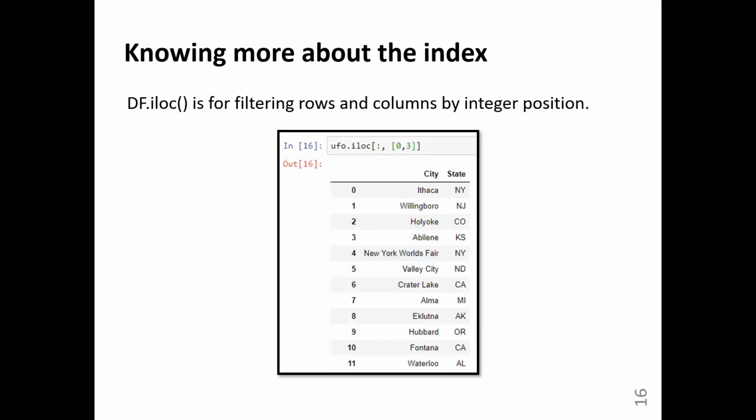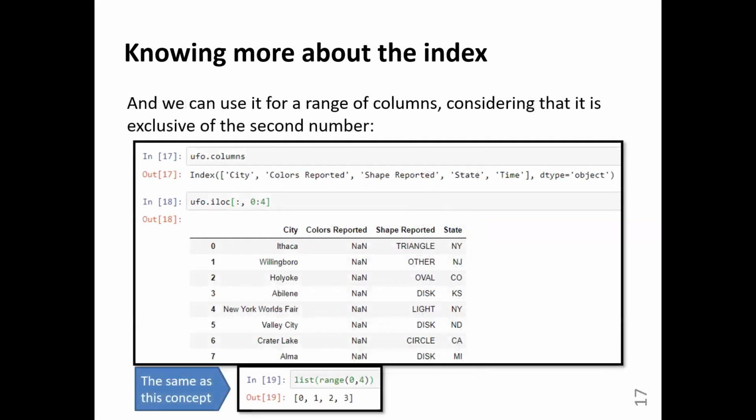Can you please try 0, 3? Get rid of the brackets and say 0, 3. Let's see. In no time, we are going to see that. Like this.